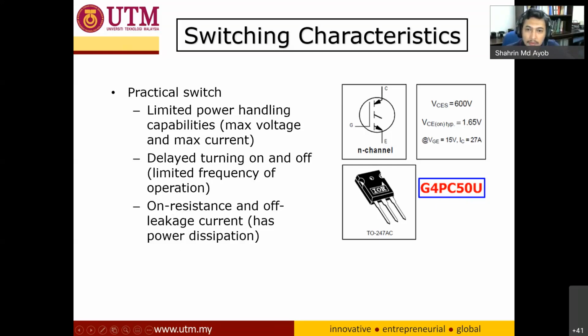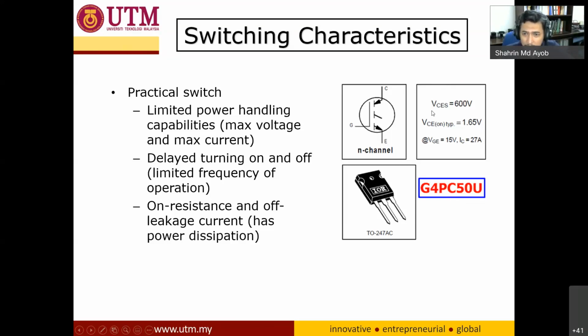Okay, so these are usually the parameters that you will see from the database. For example, this one is G4PC50U. This is an N channel transistor.